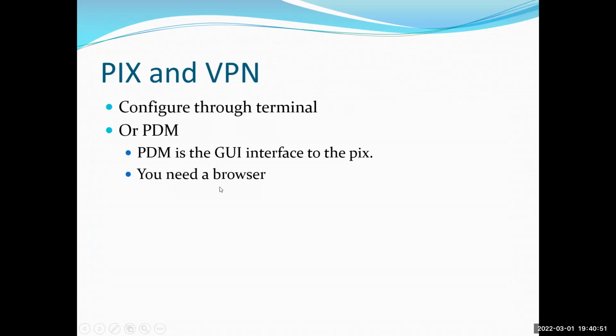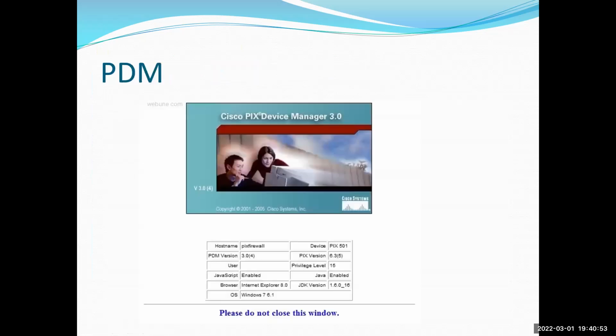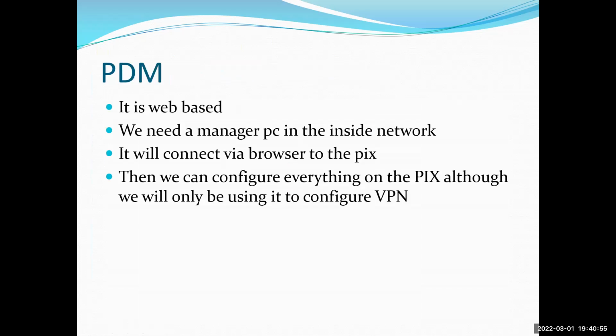It's a web thing. This is an old picture, but it is web-based. We need a manager PC in the inside network. Usually to do this, you need to add a rule that says this IP machine outside can connect to us. It will connect via web browser. Then we can configure everything on the device, although we're only going to use it for VPN in this case.